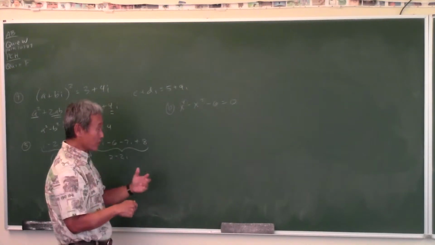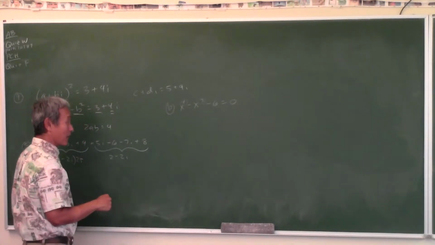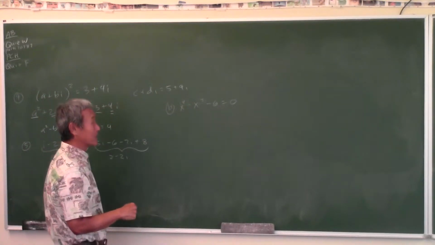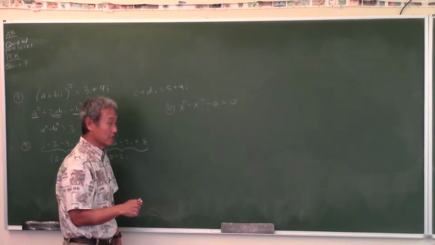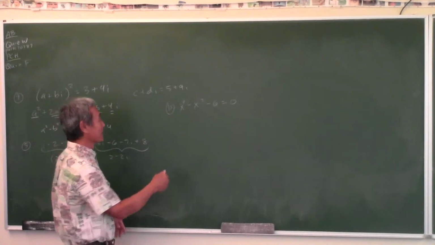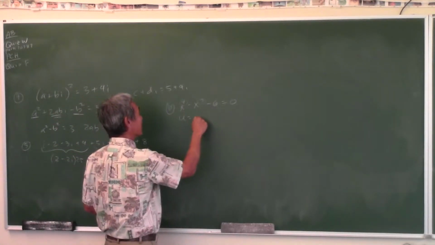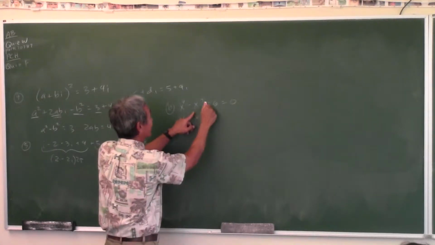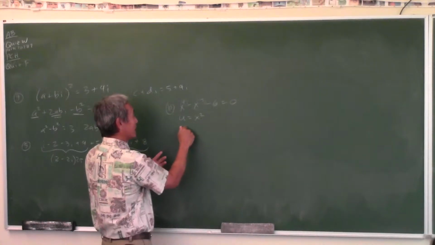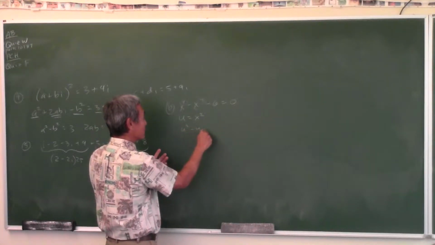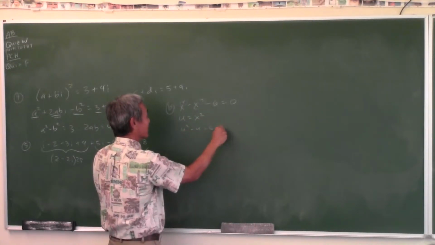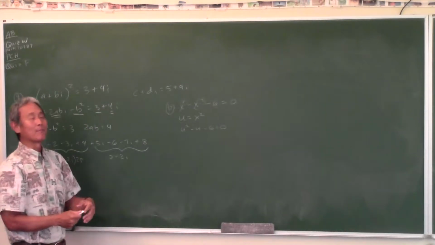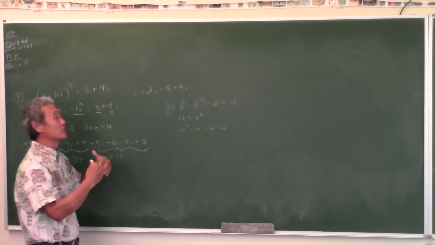Now, those of you who took Algebra 2 honors last year, which is almost all of you, did you learn U substitution? Yes. So you probably learned to let U equal x squared, right? Whatever that thing is. Then you get U squared minus U minus 6 equals 0. That's a quadratic, right? But come on, we have matured since then.